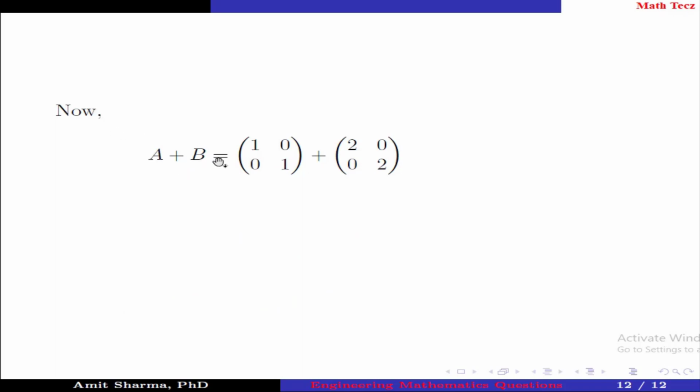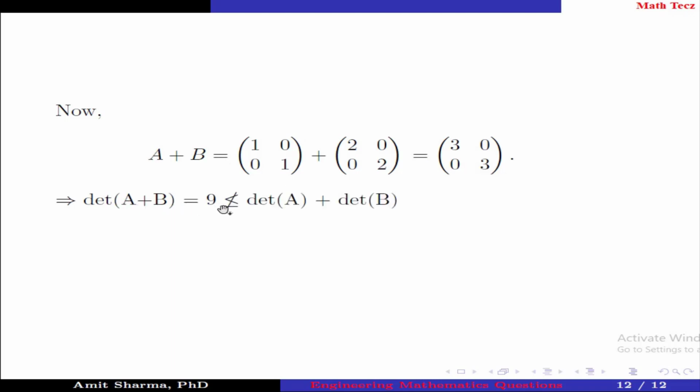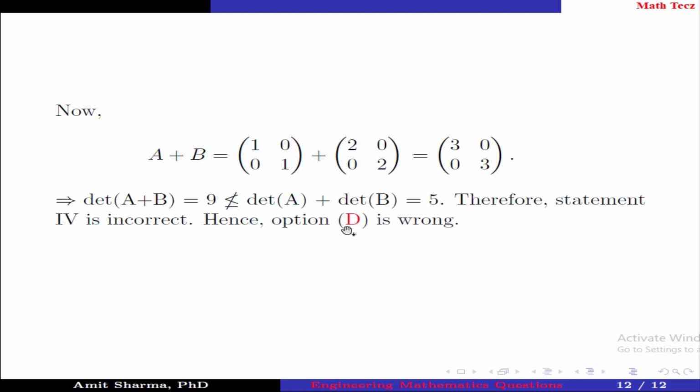Now, A plus B is equal to 3, 0, 0, 3, which implies determinant of A plus B is 9, which is not less than or equal to determinant of A plus determinant of B, which is equal to 5. Therefore, statement 4 is incorrect. Hence, option D is wrong. Therefore, option C is right.